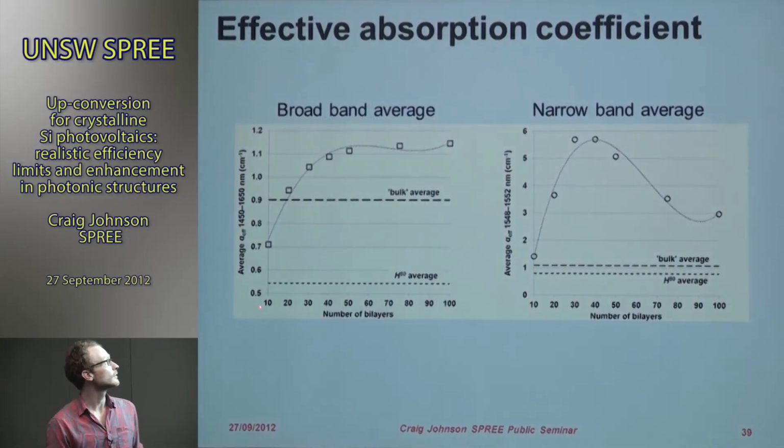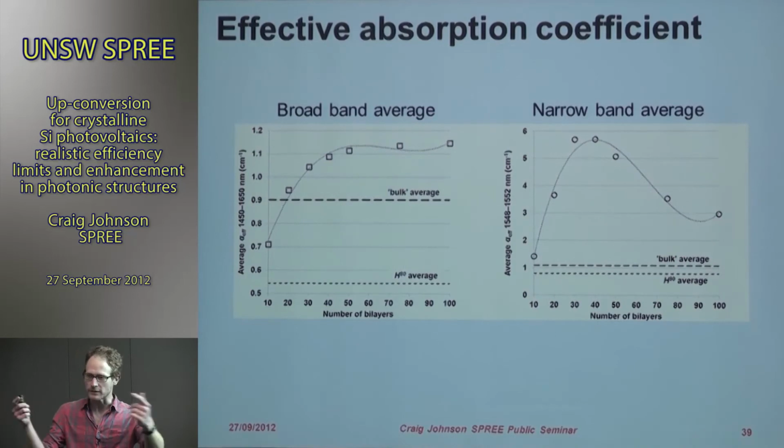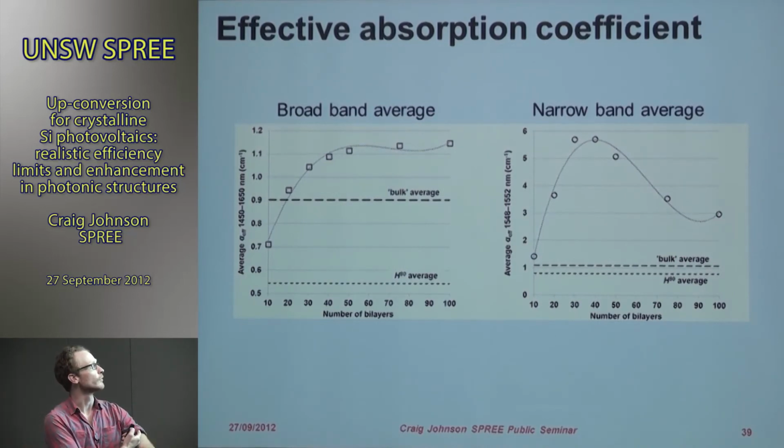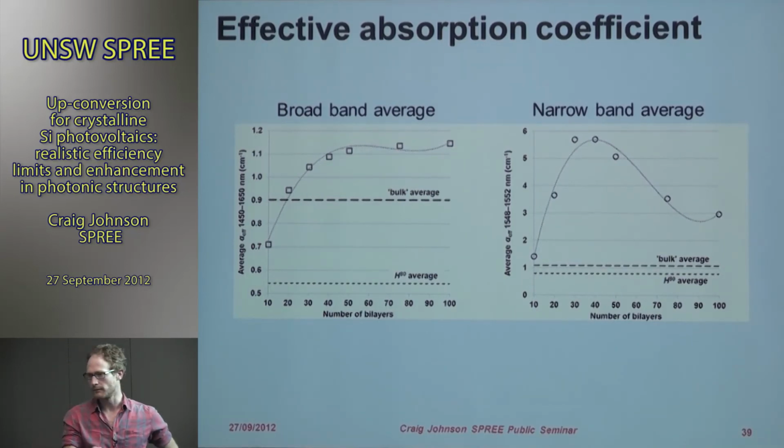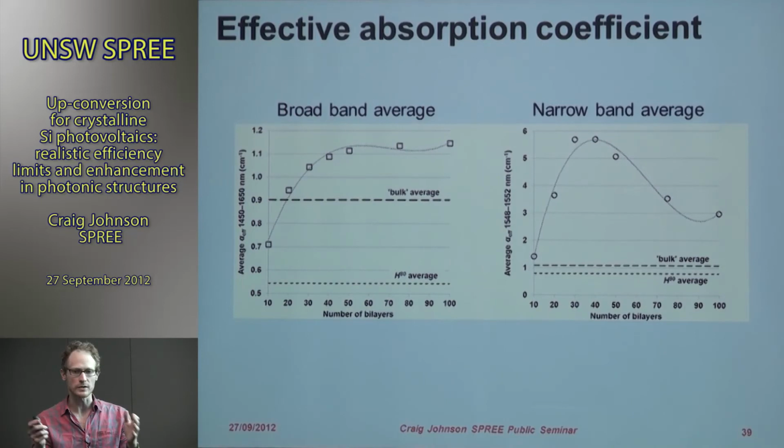So what we see here is the broadband average effective absorption coefficient based on that formula, on the left for the region between 1450 and 1650. The dashed lines are one bulk phosphor, so a porosity of 100% essentially. And this H80 corresponds to an undifferentiated porous silicon structure with a porosity of 0.6. So essentially the same material but with no photonic properties.